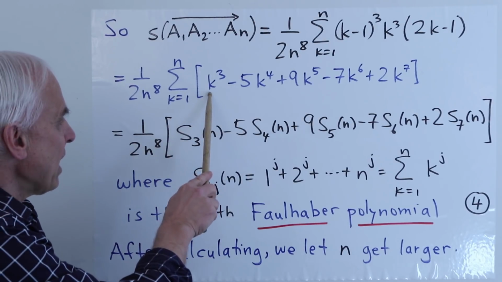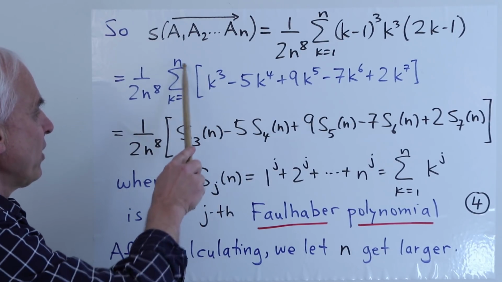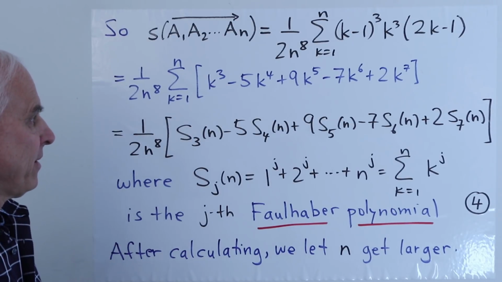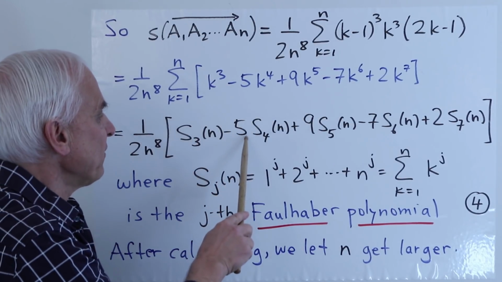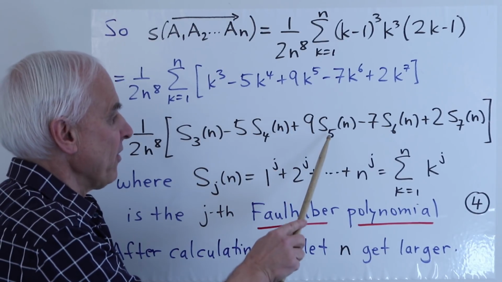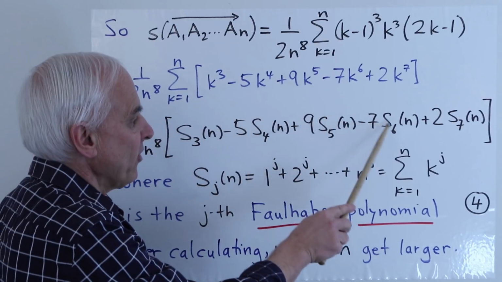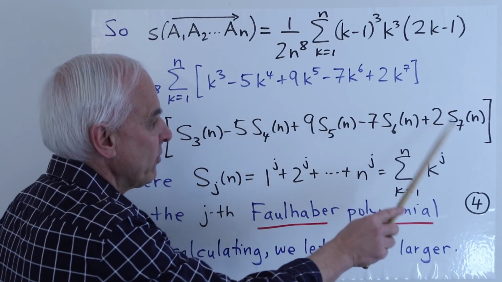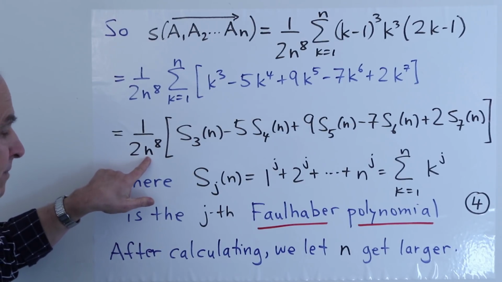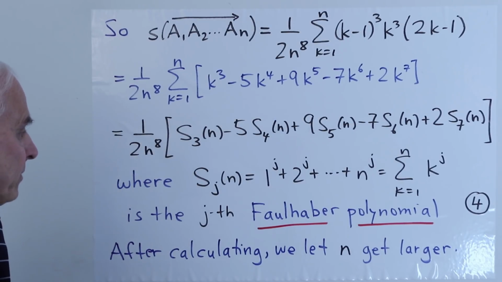If we sum k cubed from k equals 1 to n, it's the third Faulhaber polynomial evaluated at n. And similarly, we're going to get minus 5 times the fourth one evaluated at n, plus 9 times the fifth one, minus 7 times the sixth one, plus 2 times the seventh one, all of them evaluated at n. And then we're going to divide by 2 times n to the 8.